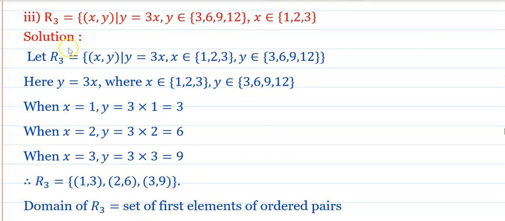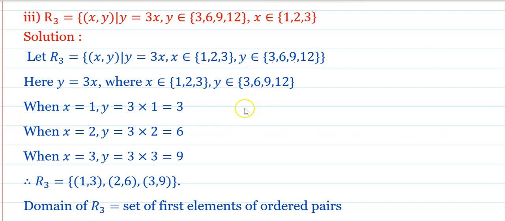Now the third one, R3 = {(x, y): y = 3x, x belongs to {1, 2, 3}, y belongs to {3, 6, 9, 12}}.